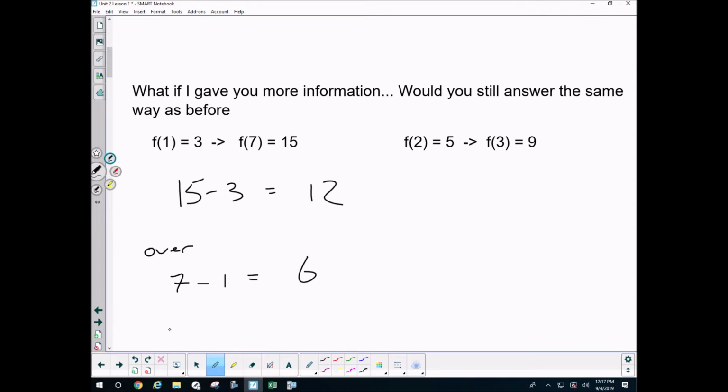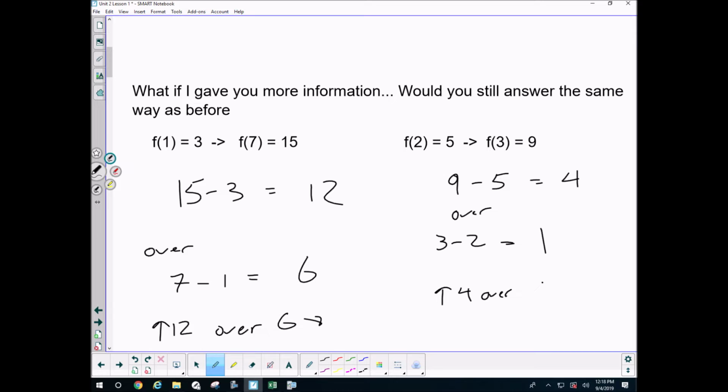So it looks like I've gone up 12 over 6 x's. Now 5 goes with an x-coordinate of 2, and 9 goes with an x-coordinate of 3. So I've gone from 5 to 9, a change of 4, but over a change of 1. So I've gone up 4 over 1 x.